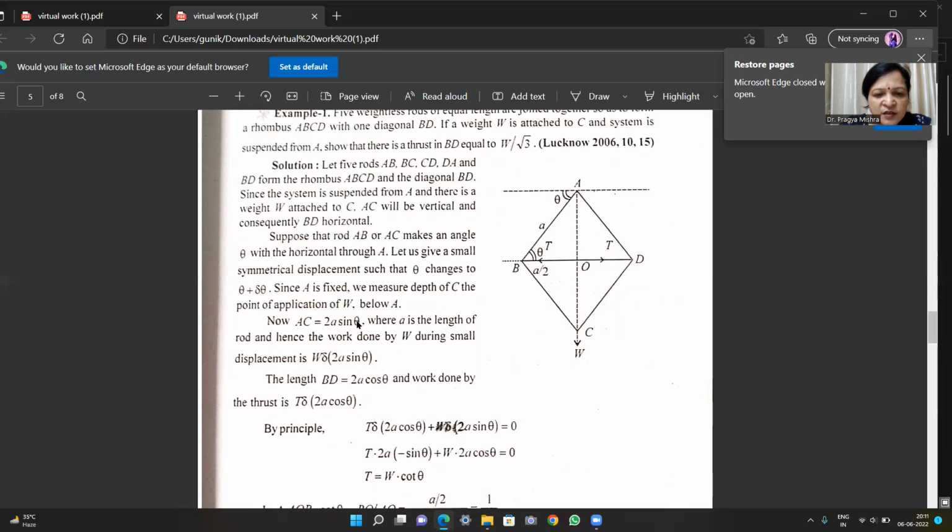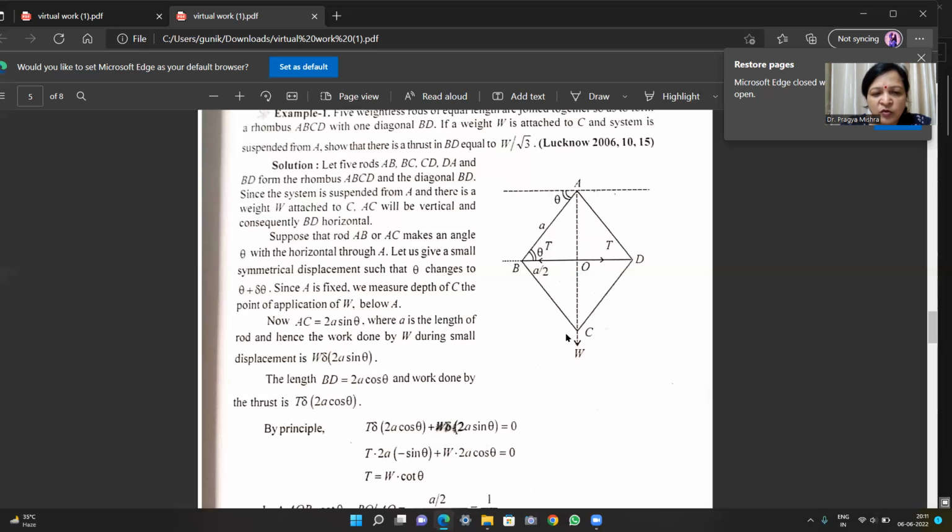Now AC is 2a sin theta, where a is the length of the rod, hence the work done by the weight W during small displacement will be this one. ये weight यहाँ पर अटैच किया गया है, तो इस पॉइंट C के करस्पॉन्डिंग जो वर्क डन होगा इस वेट की वजह से, that will be weight multiplied by displacement in AC.